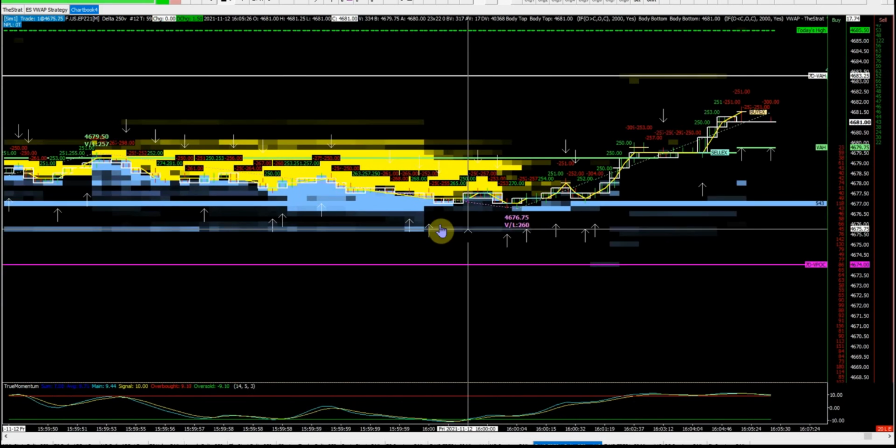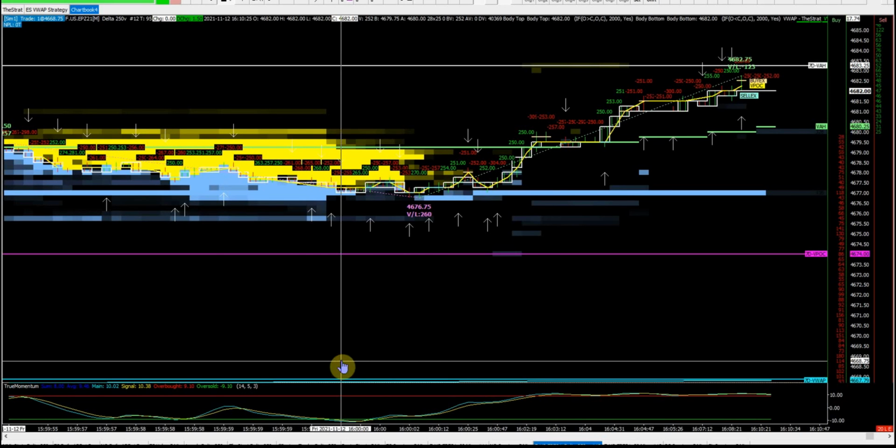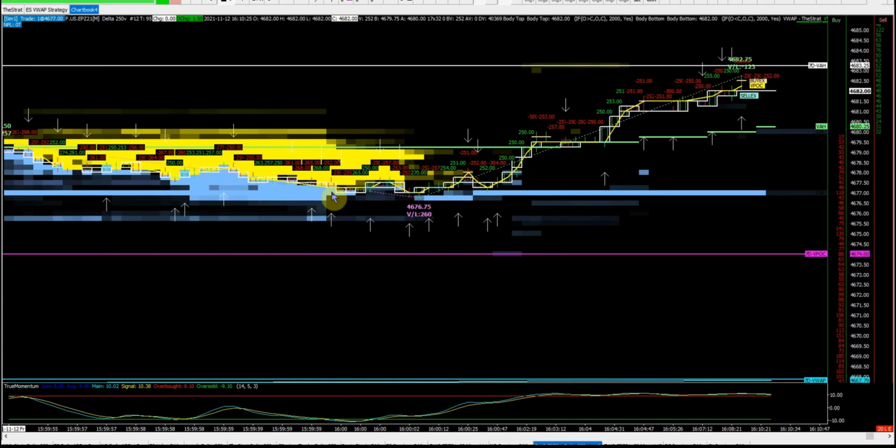So now you're getting all this choppy stuff at the end of the day. Okay, 4 o'clock rolls around. What happens? All the buyers disappear. Then they come back in right here. You're starting to get these flat bottoms, and then all of a sudden the sellers disappear right here and the buyers step in right there, driving the market back up.